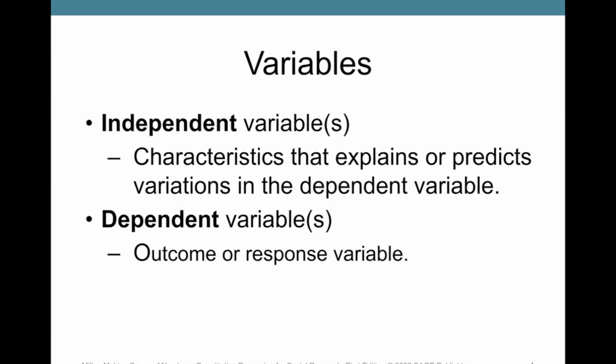If you're trying to study engagement in African-American males or perception of campus in African-American males to understand their sense of belonging, your independent variables will be engagement and perception of campus, and your dependent variable will be sense of belonging.